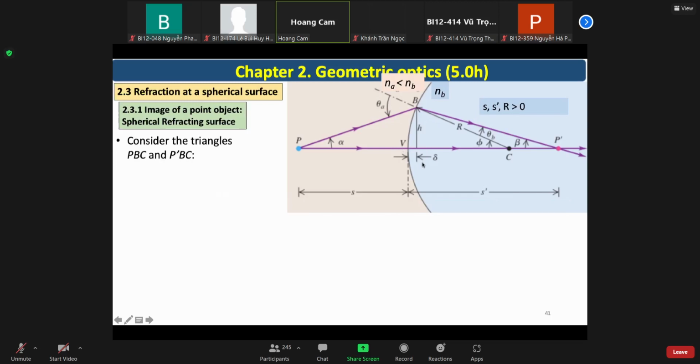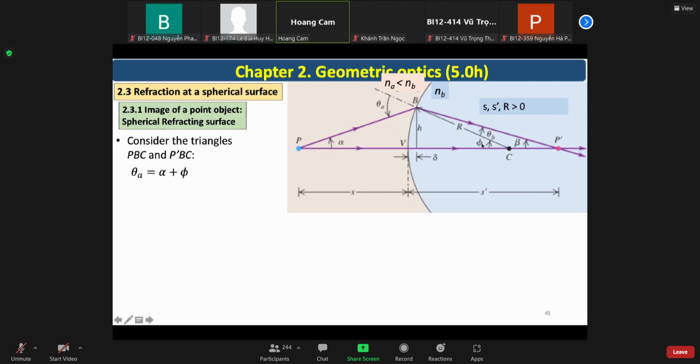This time we will do a little mathematical analysis to form the relationship between S, S prime, and R, which is also related to the two materials, so to nA and nB. We will consider the triangles PBC and P prime BC, because they contain the angles we are considering.